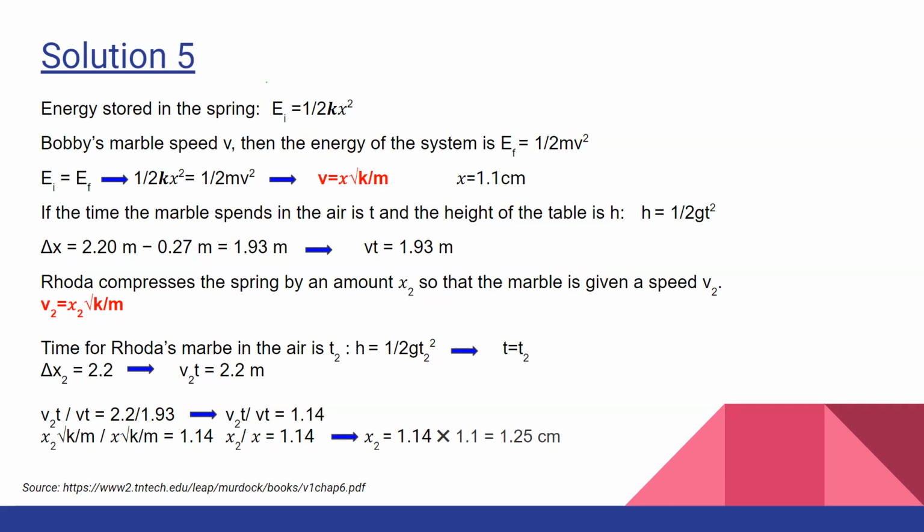And we're now going to look at Rhoda's launch. She compresses the spring by a certain displacement x2, such that the marble is given a speed v2, where if the marble travels at that speed, it will hit the box directly. We can use the exact same kinematics formula, and the displacement again has to equal 1/2 g t2 squared.